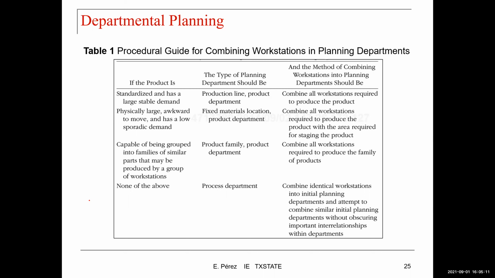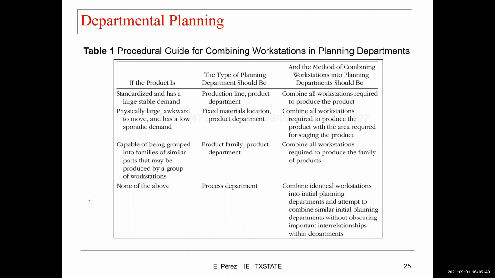So a boat, an airplane, you get the idea, right? It's something that you're not necessarily building every day. You need a long period of time for completing them, and demand is low. There's some demand for it, but it's low. So a fixed material location product department.